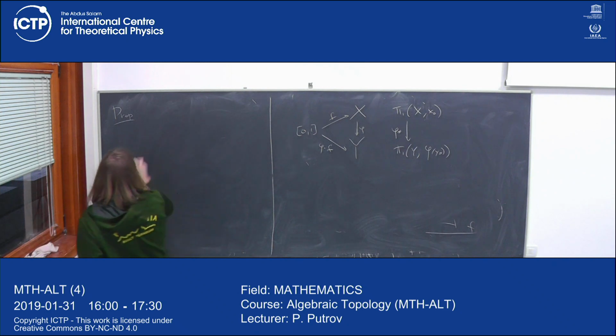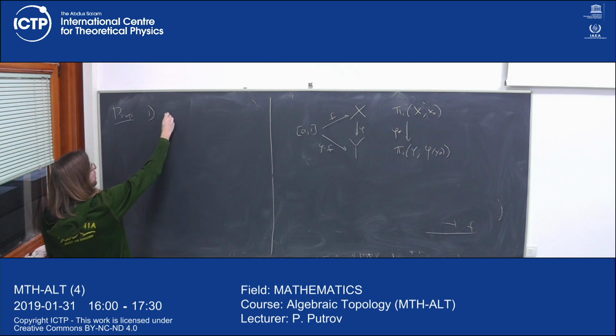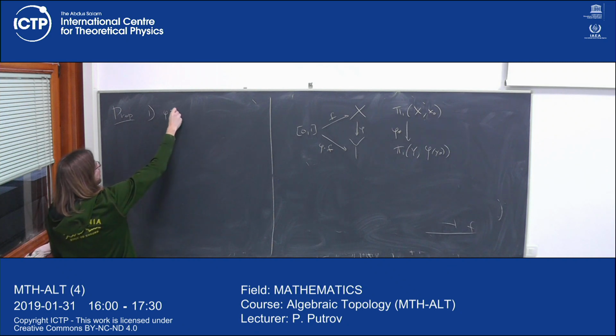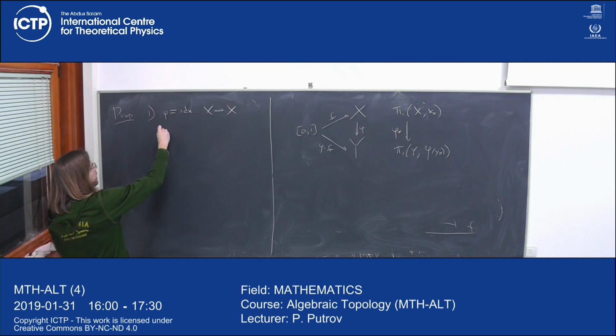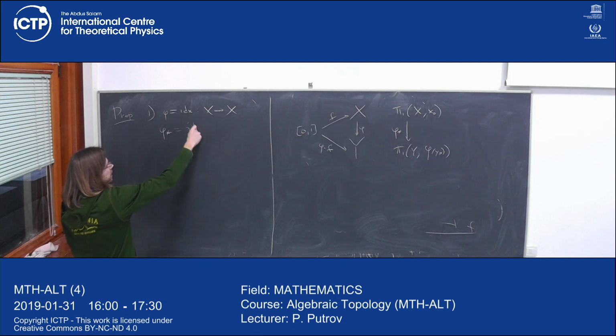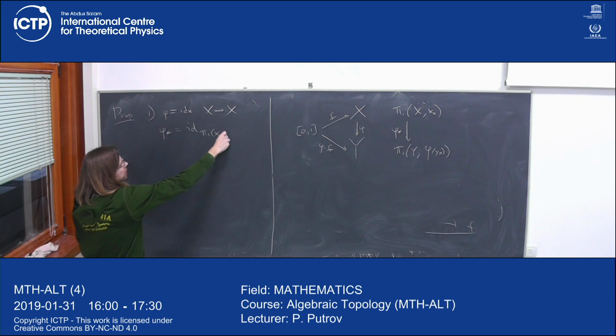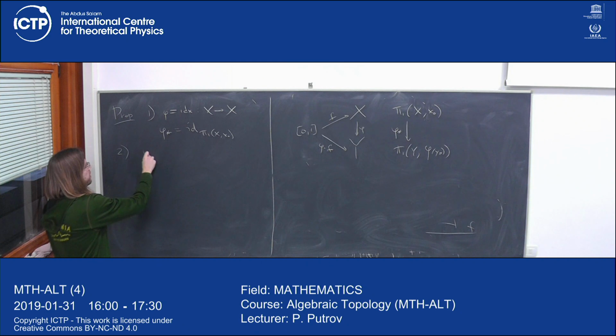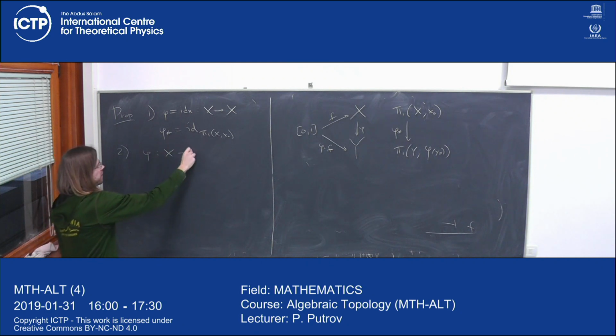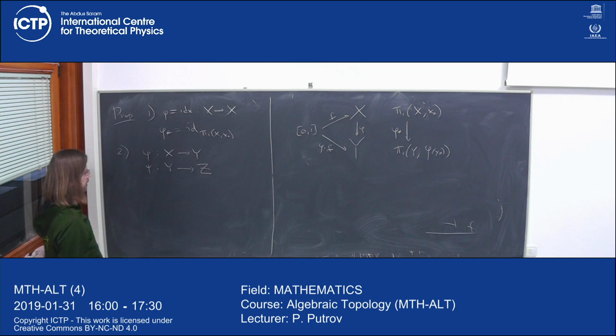The first nice property is that if we take phi to be the identity map from X to itself, then its push forward is the identity on pi1 of X. And the second property: let's say phi is a map from X to Y, and psi is a map from Y to Z, where X, Y, Z are three arbitrary topological spaces.